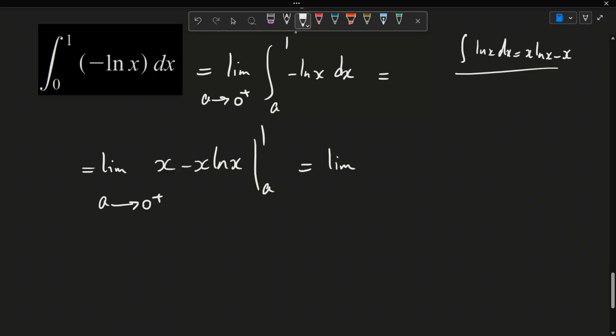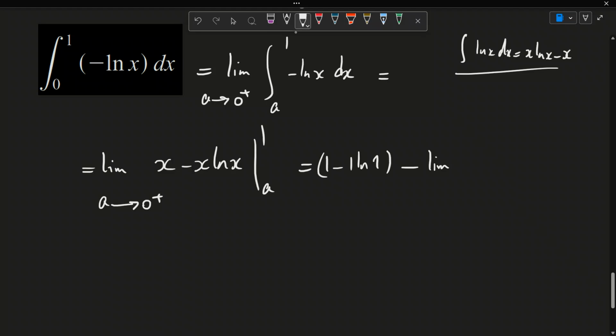So if I factor out x, let's substitute the upper limit first. If we substitute the upper limit, it is 1 minus 1 times ln 1. ln 1 is 0, so this is 1 minus.